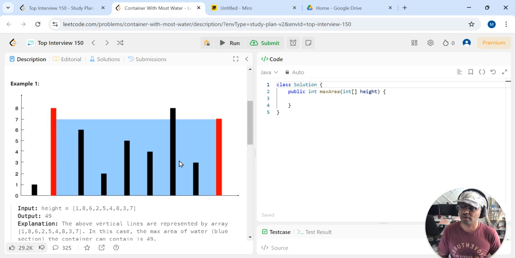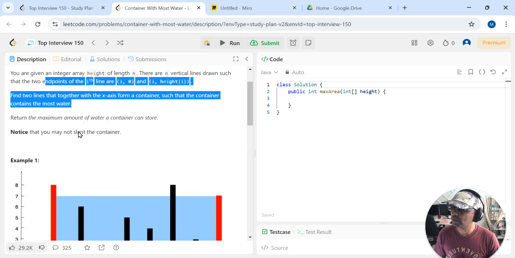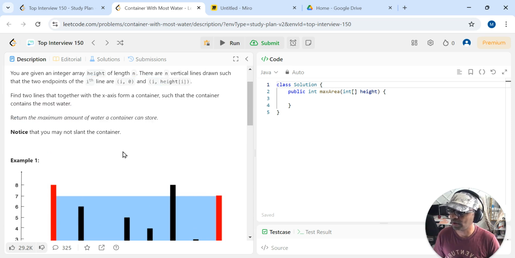It's a two-dimensional container, of course, for this problem. The bottom of the container is always the x-axis, and we have to figure out which container actually holds the most water. And we are not returning the indices of the right and the left side. We are just returning the maximum amount of water.